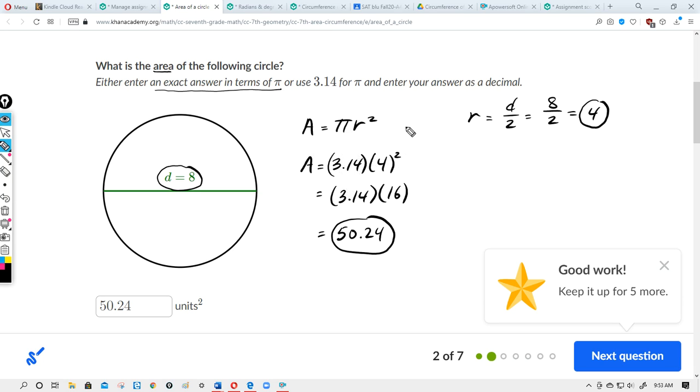Just as a separate way of doing this, your pi r squared, you can just leave pi as is and do 4 squared for r squared. 4 times 4 is 16, and we still have pi. So you could also enter 16 pi in a box if you like.